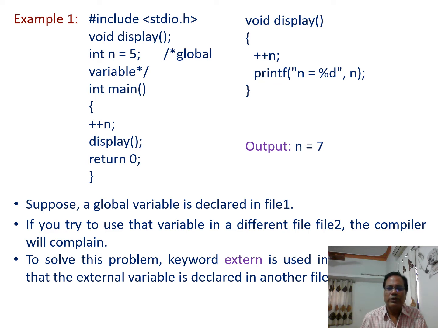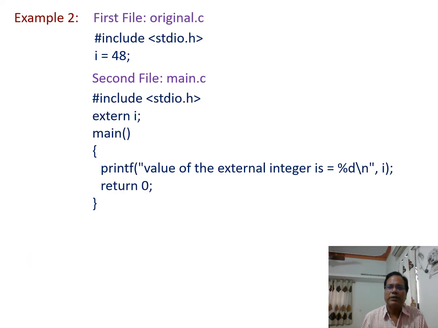To solve this, the keyword extern is used in the other file to indicate that this variable is declared in some file and can be used in another file. So we have to use the extern keyword, and this can be seen in this program.